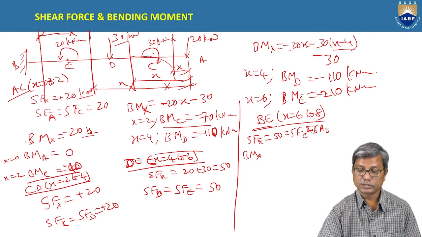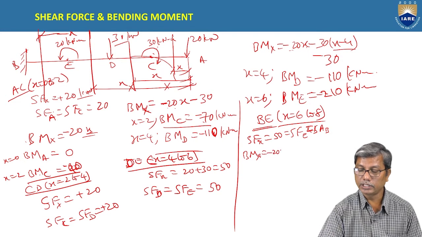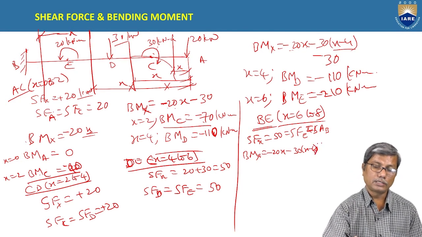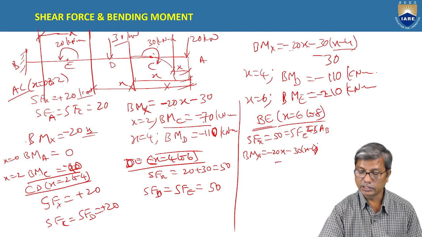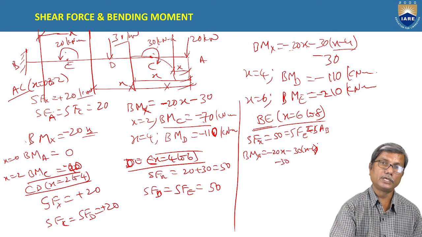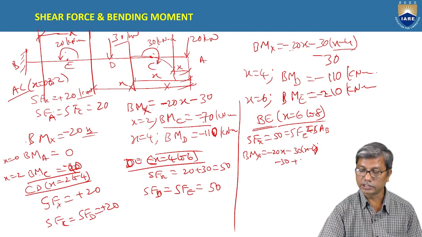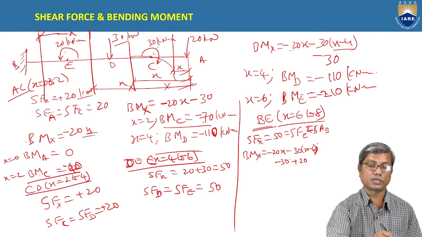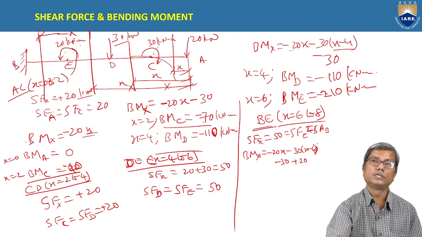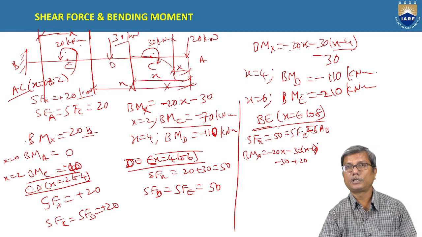Now we have minus 20 into X, minus 30 into X minus 4. This is for point loads. And this moment is minus 30 and this moment is plus 20 because it is anti-clockwise, which produces sagging moment.